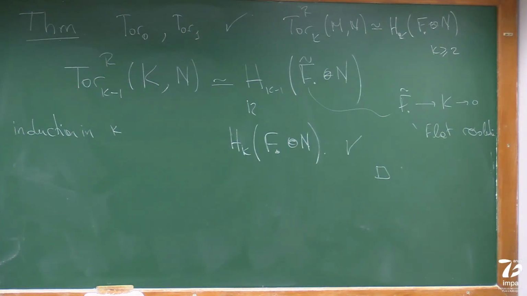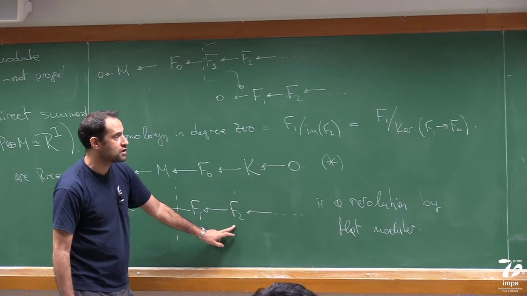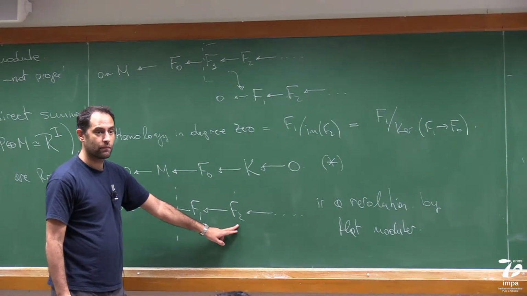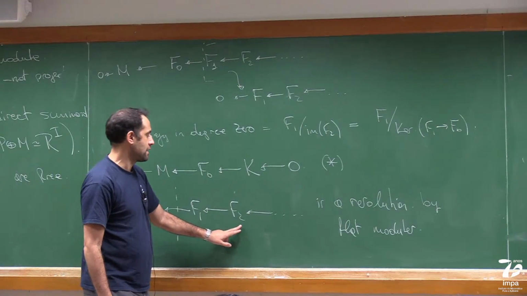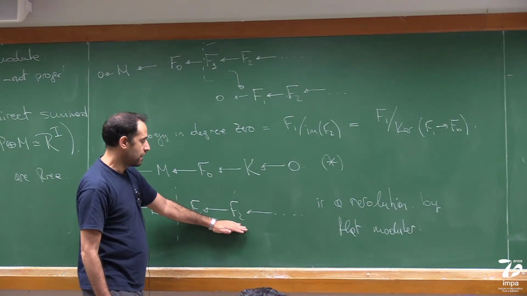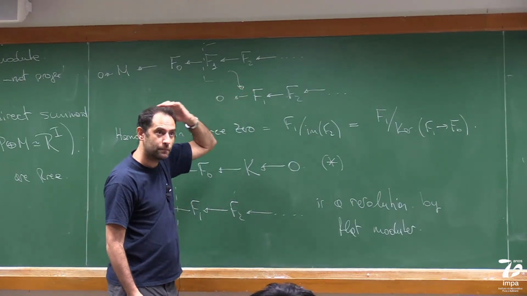Notice that there's only the subtlety that I need to be careful that I am computing these homologies in degrees starting with at least degree 2, so that the kernel of this map modulo the image of this map doesn't matter whether I do this for this complex or for the larger complex. Okay.